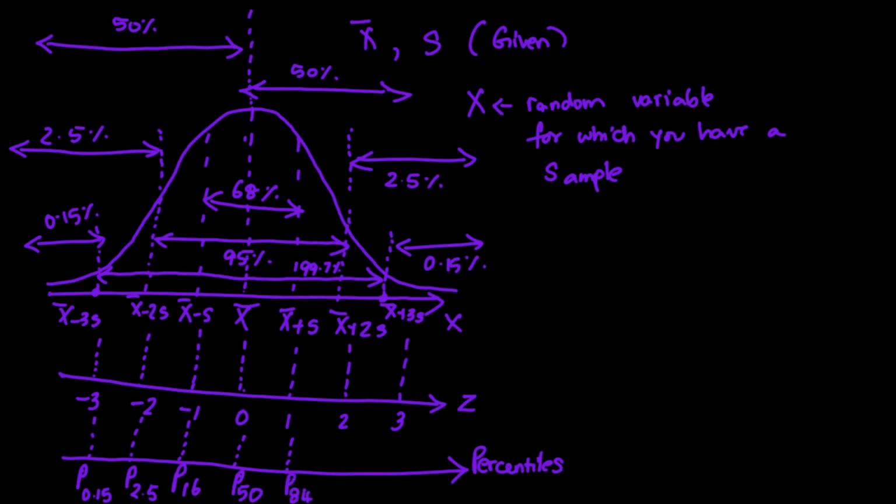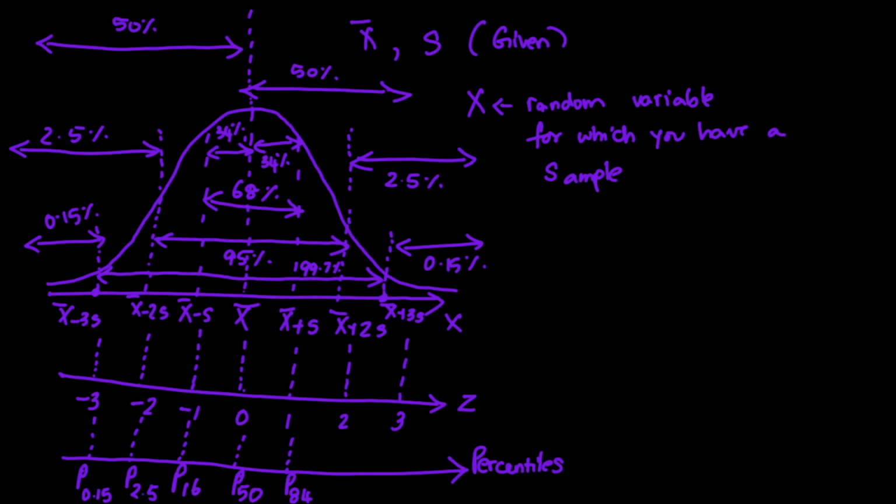If it's not obvious right now, we can see that if you have 50% of the observations below x bar and 68% is between these two points, then you have 34% there and another 34% there. So you have 50% up to the midline, and you're adding 34% to it, so it would come to 84%.